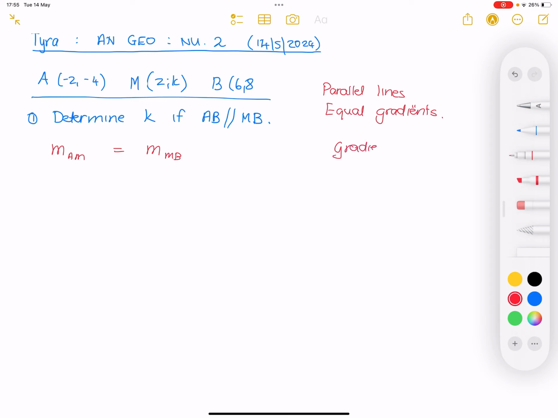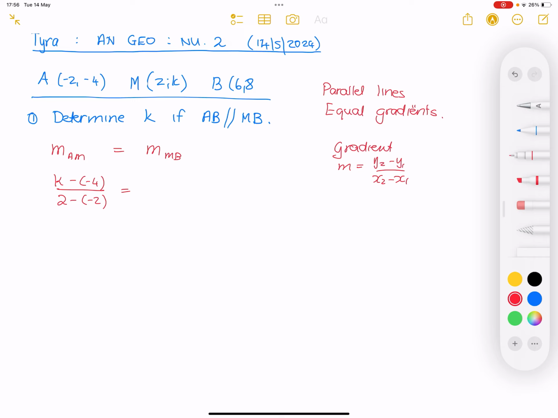Let's just write it there again. Gradient is y2 minus y1 over x2 minus x1. So that means you subtract, k minus 4 over 2 minus 2.